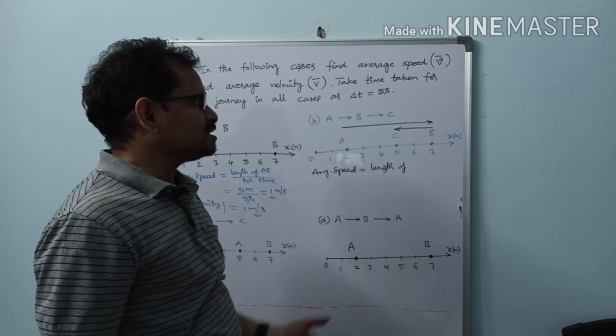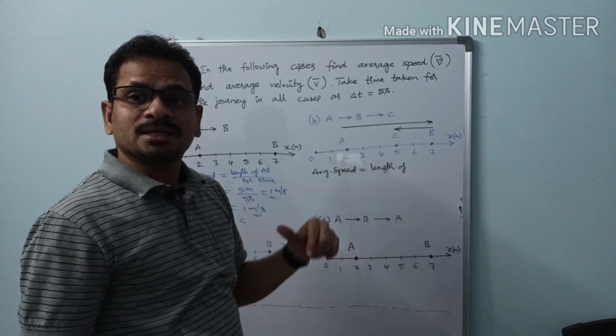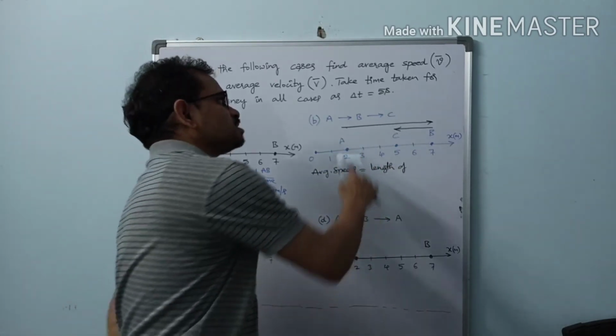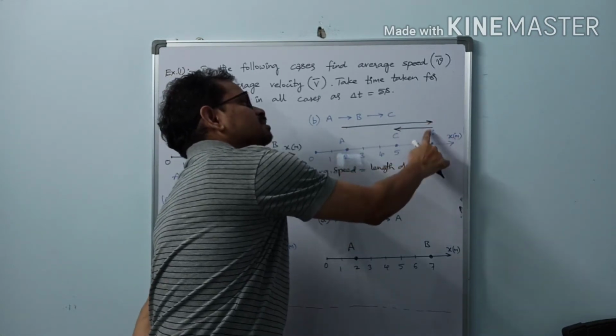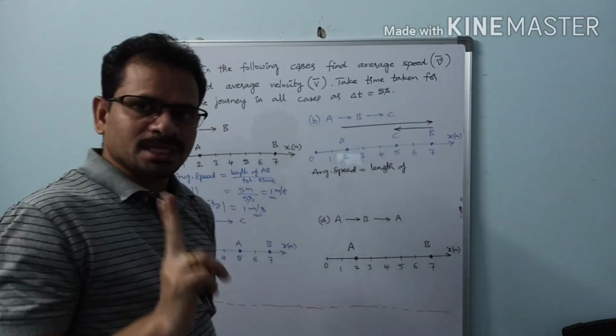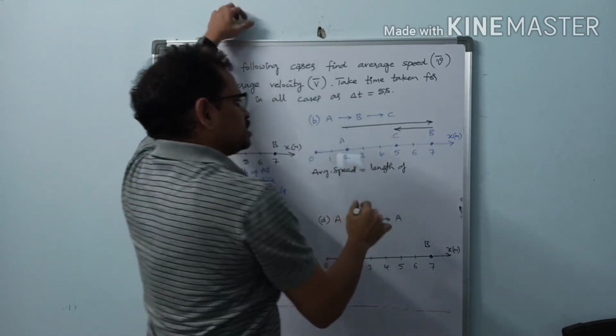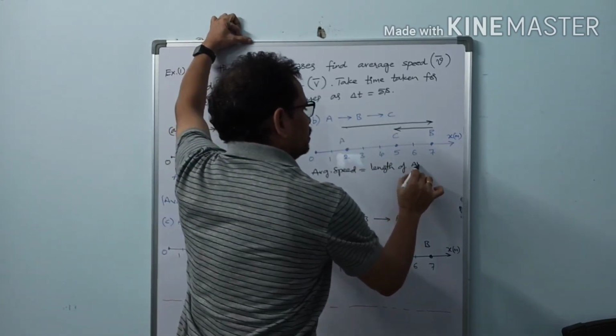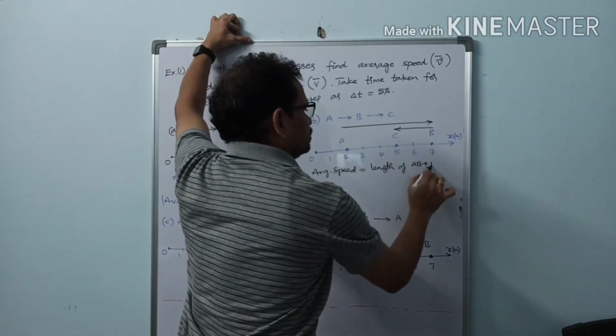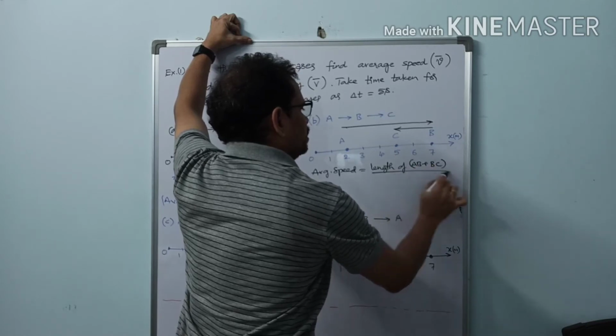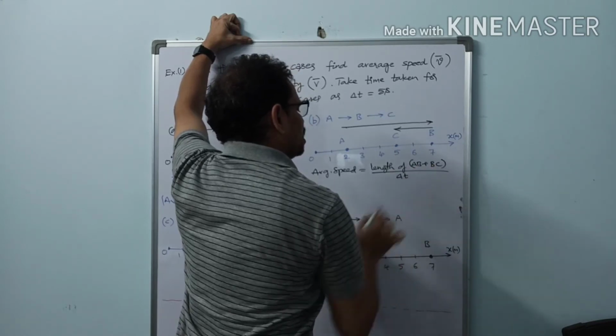Distance means nothing but length of actual path. So what are actual paths here? This is one path, this is another path. Two actual paths are there. So length of those two paths, that is AB plus BC by delta T. So total time is delta T.